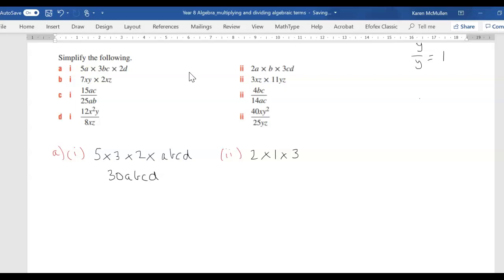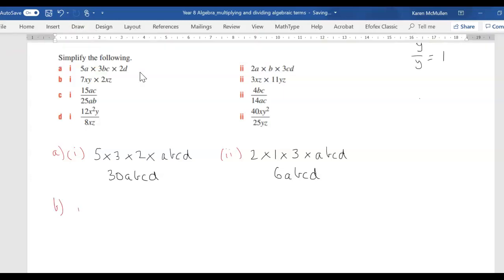So 2 times 1 times 3. And then our pronumeral parts, we've got A, B, C, D again. All right, so 2 times 1 is 2, times 3 is 6. So we've got 6ABCD.